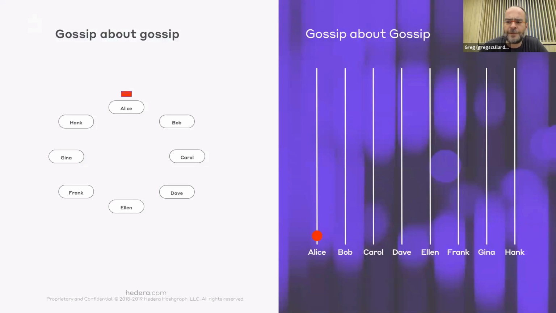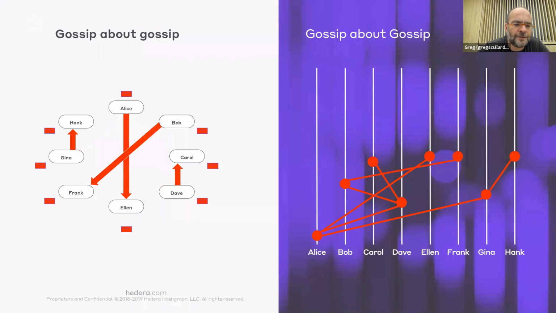So she randomly picks a node, and in this case, it was Dave. And Dave will randomly pick a node, and so will Alice, such that now Bob and Gina are aware of that particular message, and Bob and Gina and Alice and Dave will carry on doing the same, essentially randomly talking about that event to other nodes on the network.